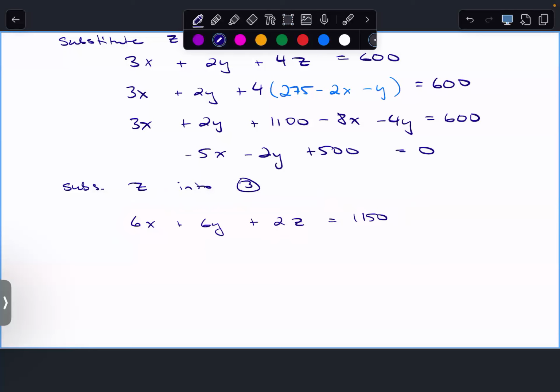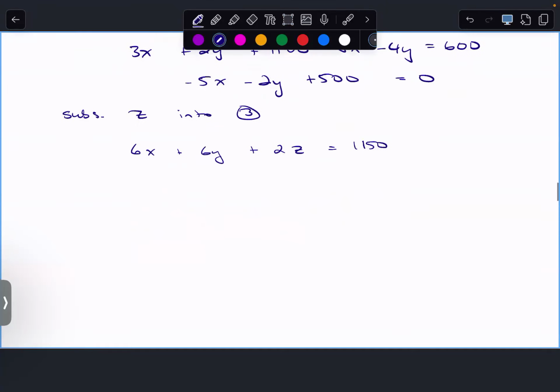So I guess I can't complain. 6x plus 6y plus 2 times z, which is 275 minus 2x minus y, is 1150.